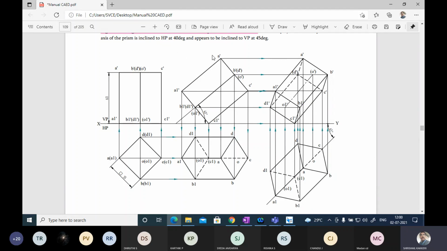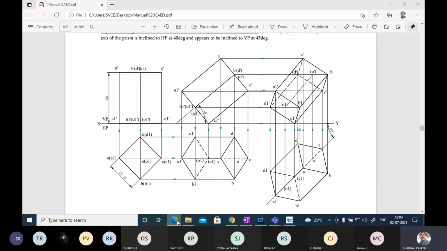Then observer standing here, so this is near to him, so you make it dark. Once this is dark, then these two lines joining them will also be dark. You make them dark. Then this particular line CD will not be visible to him because it is away from the observer, and this will be dotted and this will be dotted.